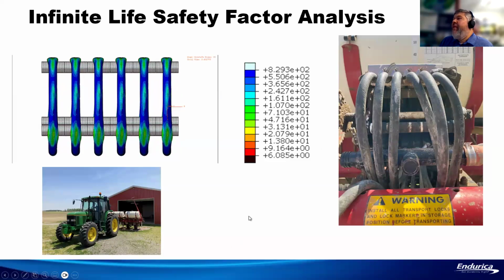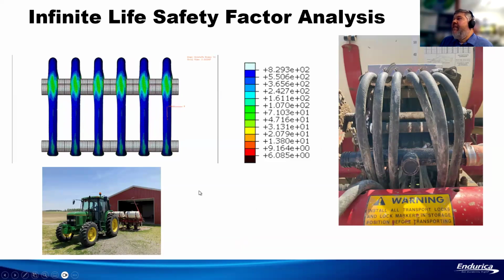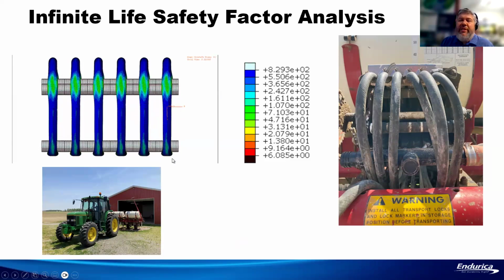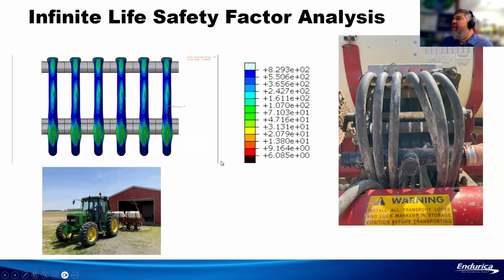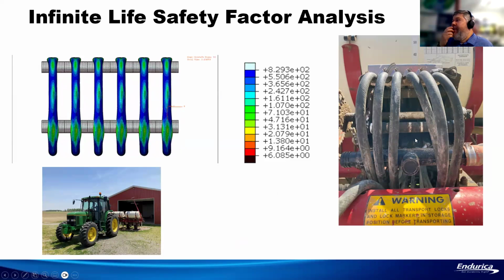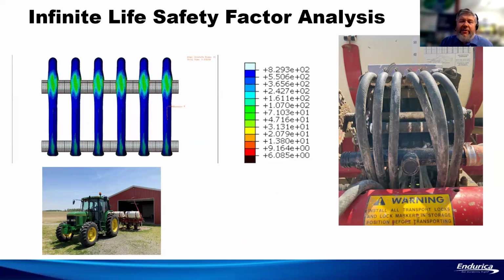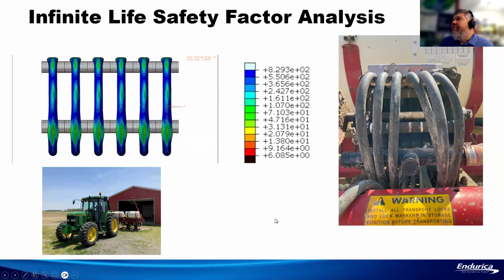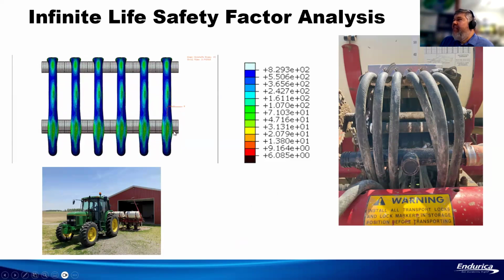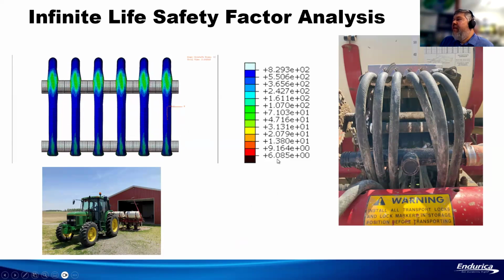So, one example of the safe life analysis would be this set of hoses. This is a fertilizer squeeze pump on a tractor for agricultural applications. In this case, it's a very inexpensive product, and so there's not a lot of scope to do a deep fatigue analysis, but you can check the safety factor and plot contours of safety factor.